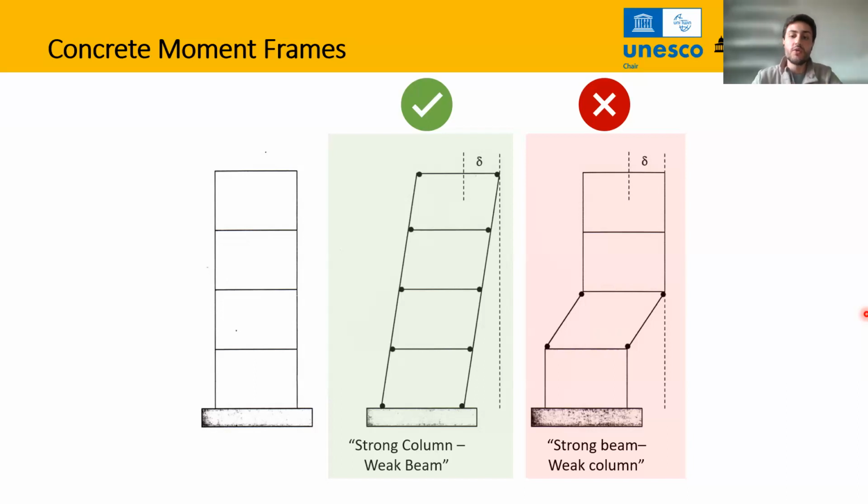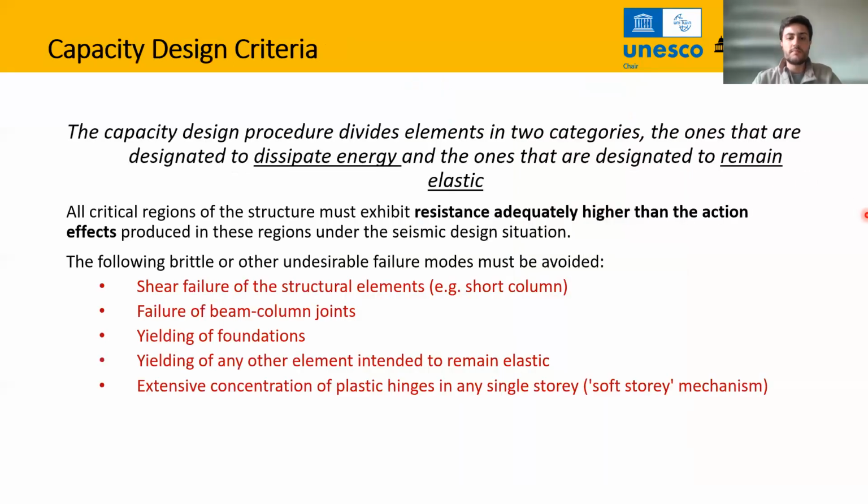So we want to avoid that type of behavior, and we are going to see in a few slides that this is not what is currently happening in reality and with previous earthquakes. So we want the plastic hinges that you can see over here to generate only in the beams, but not in the columns as well.